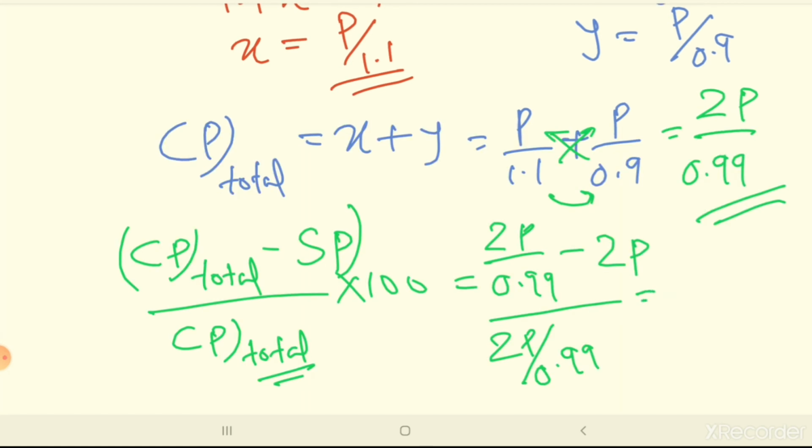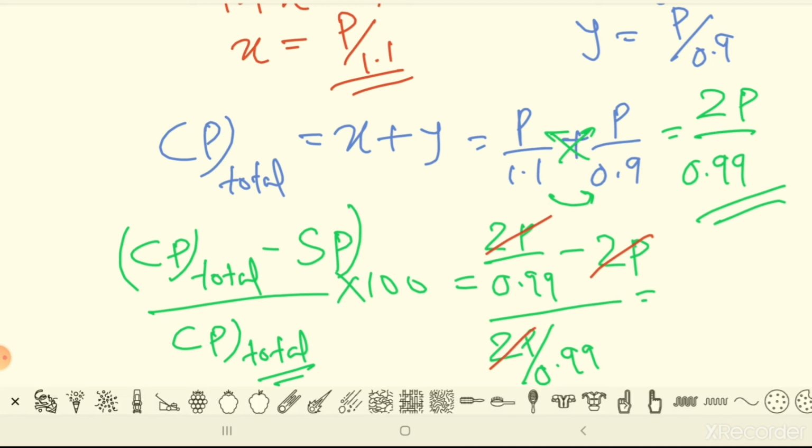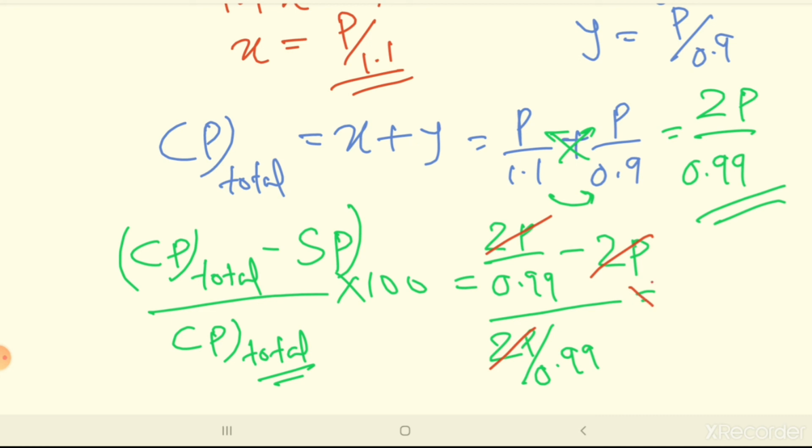Simplifying this, 2P cancelled. Simplifying this, we get, here we have 100, 1%. So here 1% positive, that means total CP minus selling price is positive, means he suffers a loss of 1%.